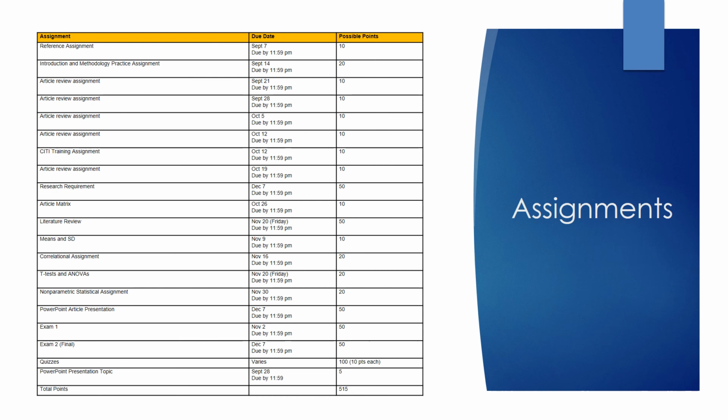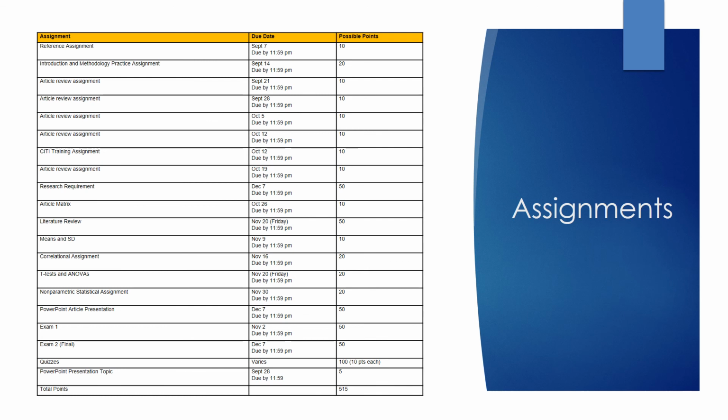So remember, Friday by 11:59 p.m. This is for me to read your literature reviews and have them graded in a timely manner. Another assignment due on a Friday is t-tests and ANOVAs. This is a statistical assignment. Again, this is due November 20th, Friday by 11:59 p.m.